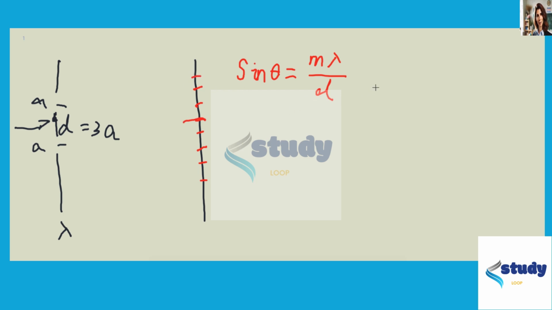And if we draw the plot, it will be something like this. Central maximum, then secondary, and third. This is the other side. This is part A, or say the answer to part A of this problem.